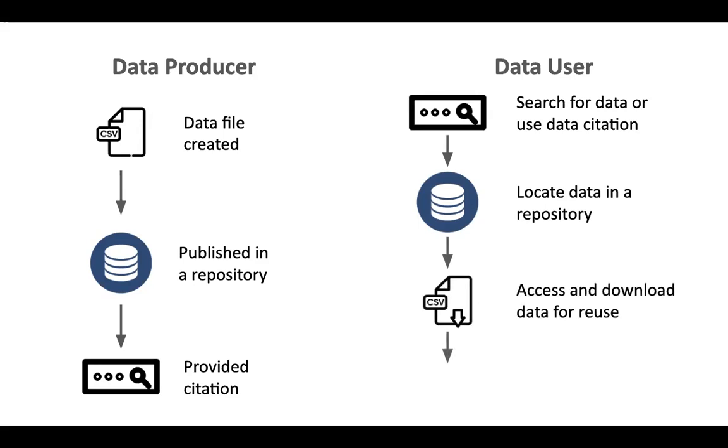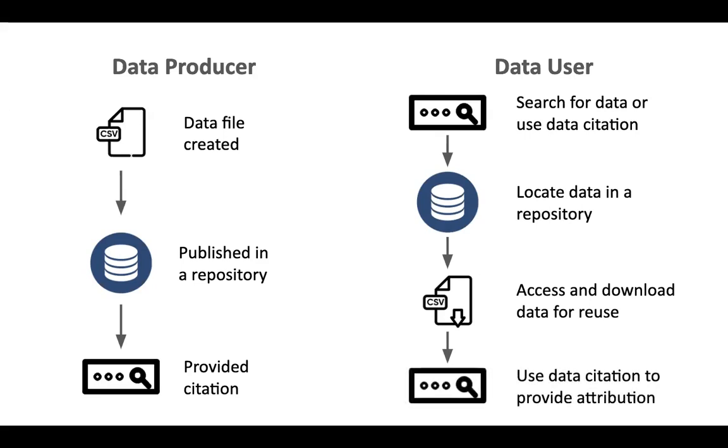You should be able to access and download that data for reuse. And then you would use the data citation to provide some attribution. And with data citations, you want to be as complete as possible. Don't invent metadata that isn't there. So for example, if a data record does not have a clear author, creator, or title, you shouldn't make one up. You should only cite what you see.